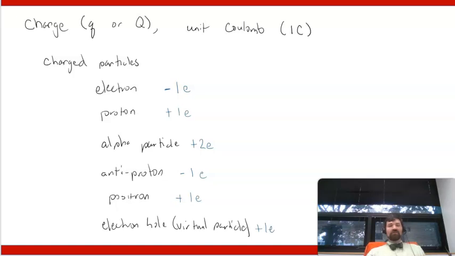What are these things anyway? Charges have positive or negative signs to them. This elementary charge, 1e, is approximately 1.602, so less than 1.602, times 10 to the minus 19 coulombs.